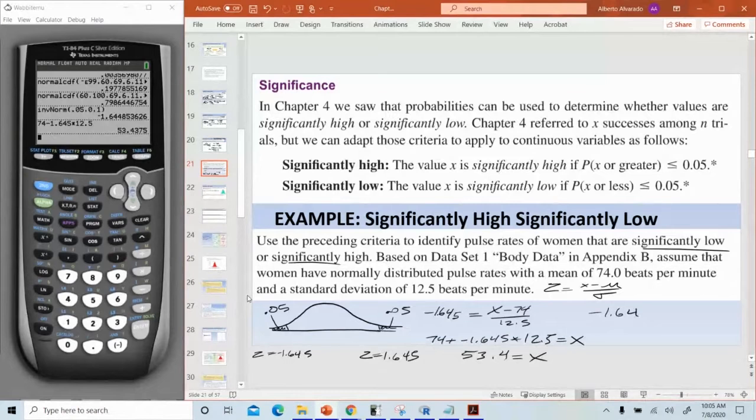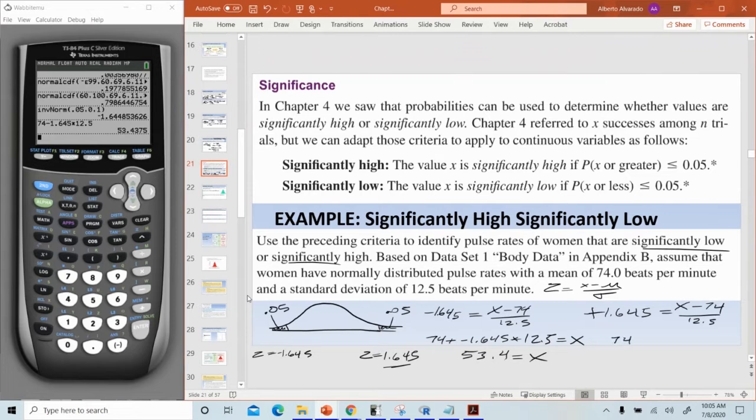We'll do a similar thing for the right. I'm going to use negative 1.645 for the z-score, x minus... Oh, yeah, that should have changed there. This is positive, my fault. Positive 1.645, and then everything else is the same. It's a similar process: you multiply by 12.5 and then add 74. So I'm just going to jump to it.